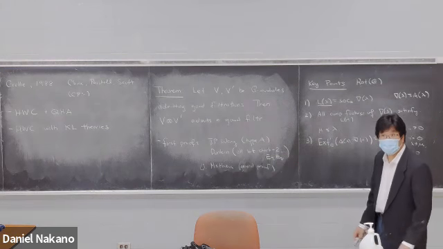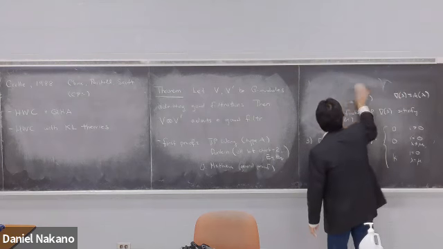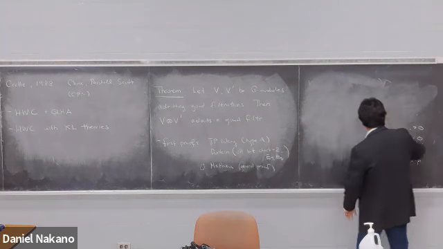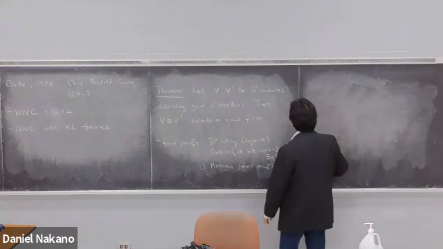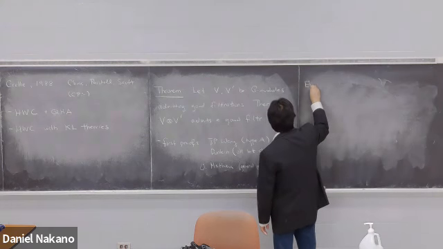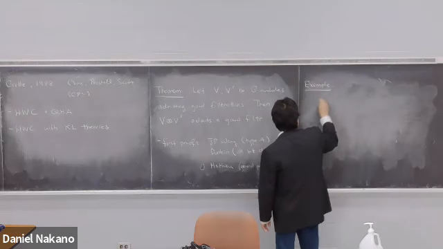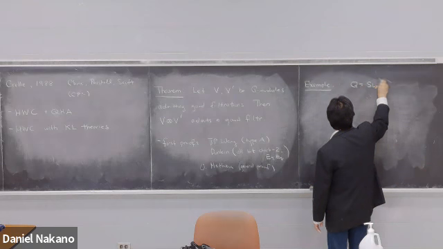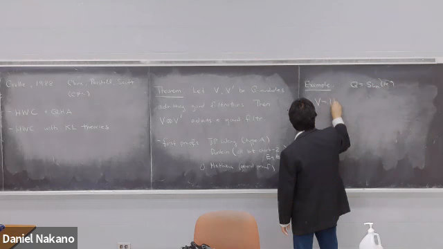Okay, questions on this? Let me do an example. Okay, so let's just do SL_N. So V is the natural representation, which is H0 of omega 1.